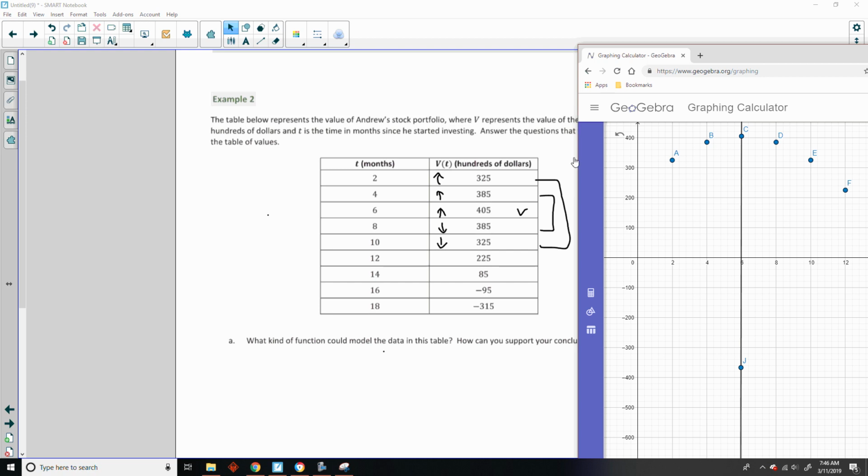Okay, so D is a reflection of B. E and A reflect. So F should be our reflection back to here.